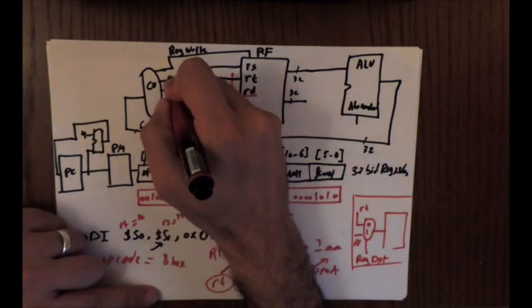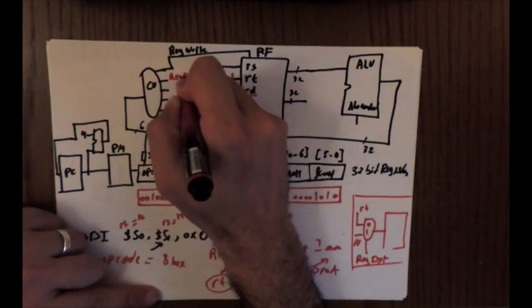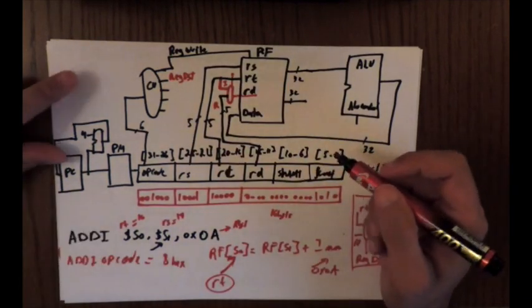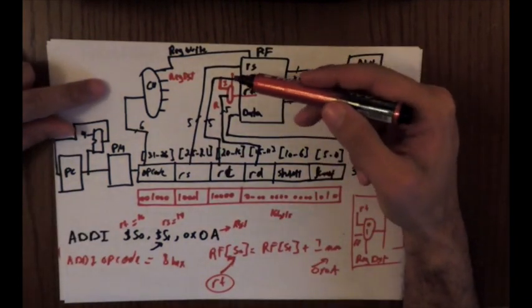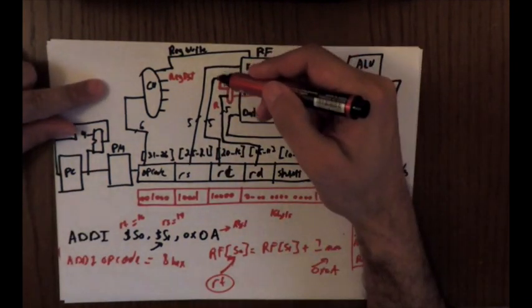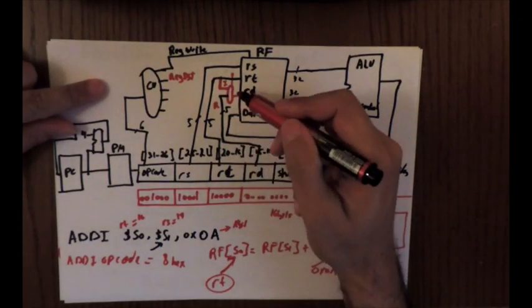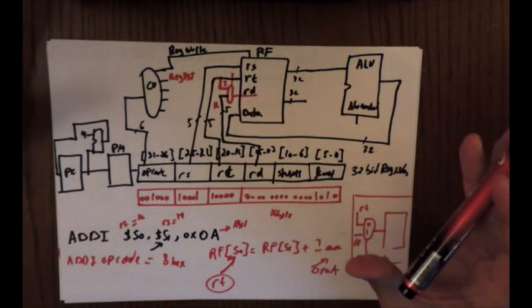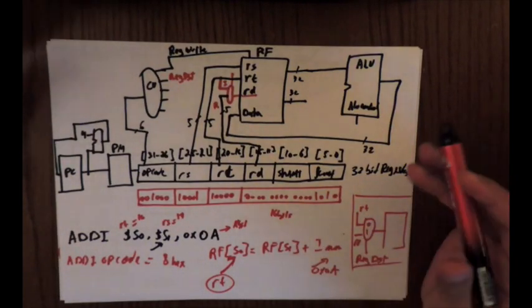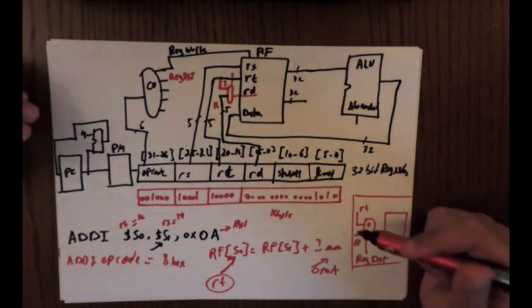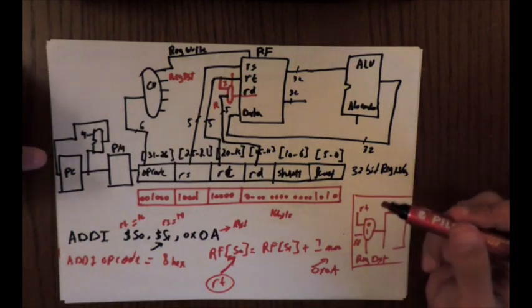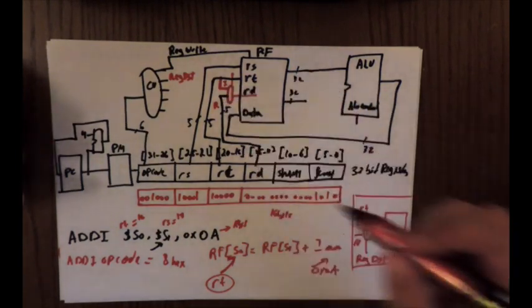So this is the second control line, register destination. If register destination is 0, I will choose the I format. If it's 1, I will choose the R format. And this way we are modifying our data path to support both R format and I format. So this is why we add this multiplexer.